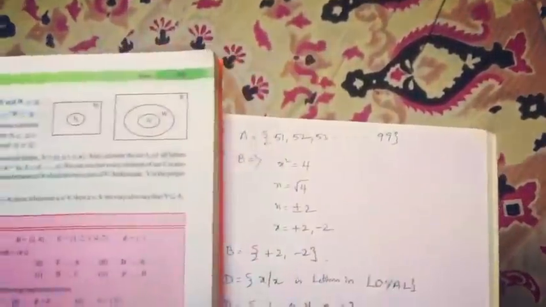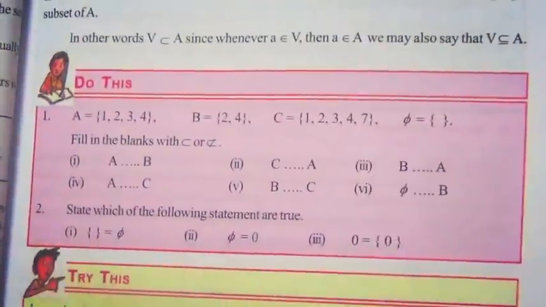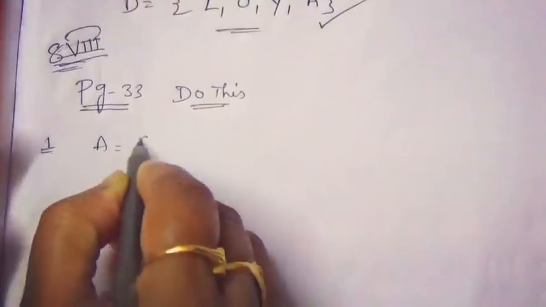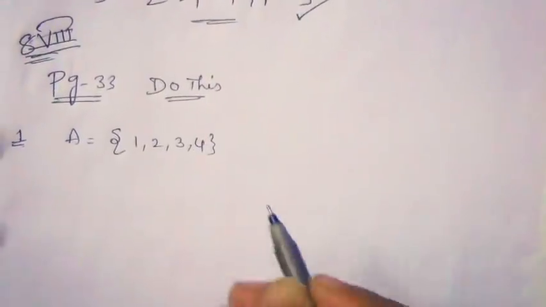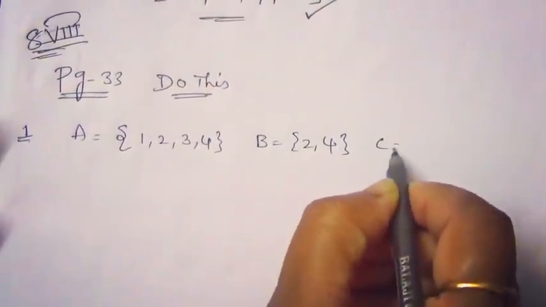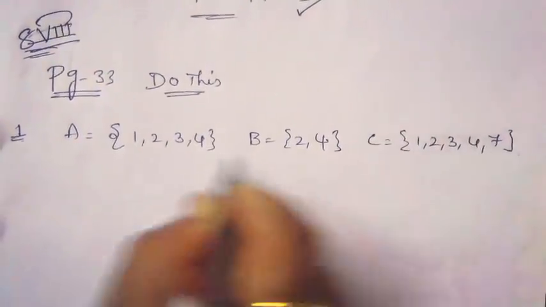Look here, on page number 33 we have Do This. A is equal to the set of, look here, page 33, Do This. In this, the first set A has the elements 1, 2, 3, 4; we have 4 elements in A. B is equal to {2, 4}, C is equal to {1, 2, 3, 4, 7, 5}.